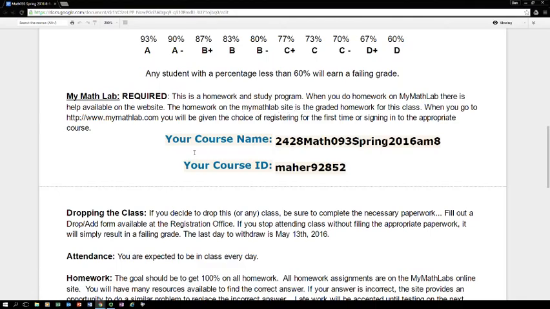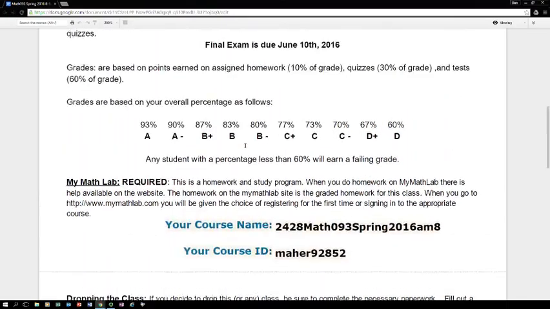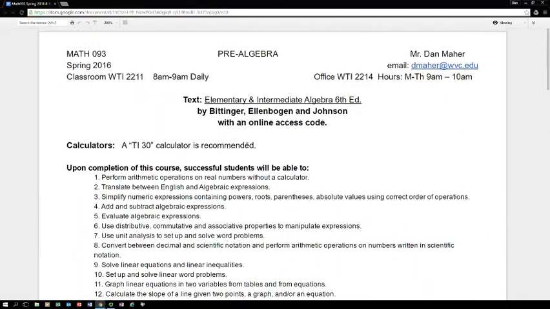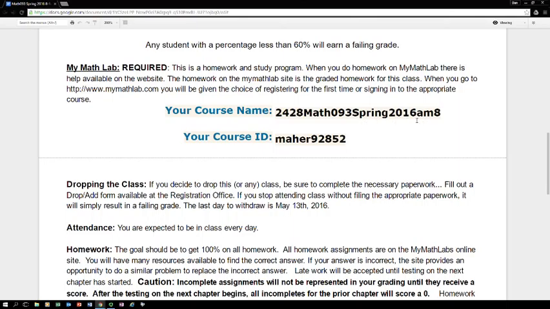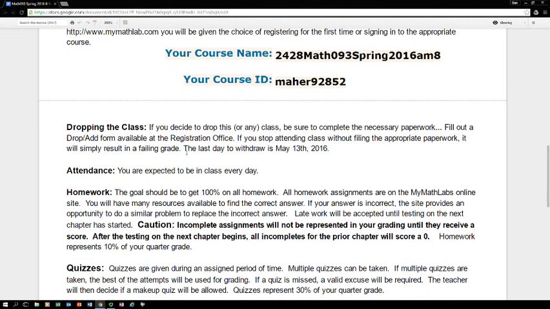Now this course name here, like I said, I'm using the syllabus mostly to show you that and to explain that I do have an in-class class. This one, notice it says AM8 on it. Your class will have a different one, and we'll talk about that here, or if you're watching this in my in-class version, that's the deal. Course ID is here. You'll need that to enter my class.